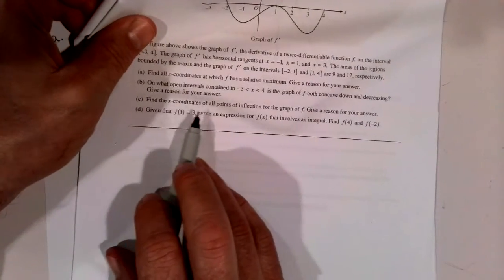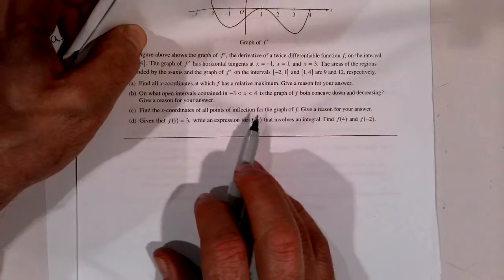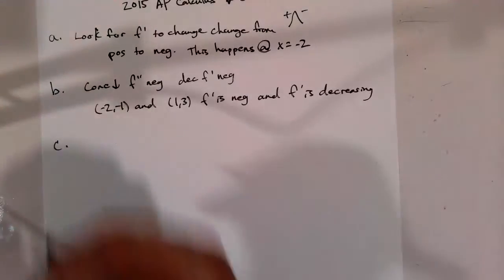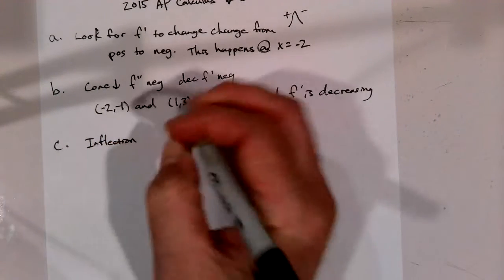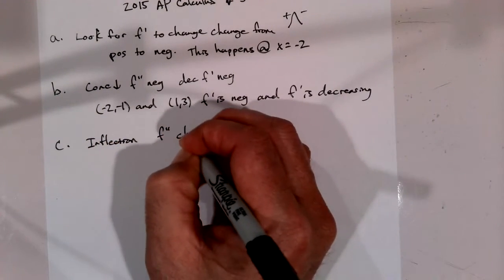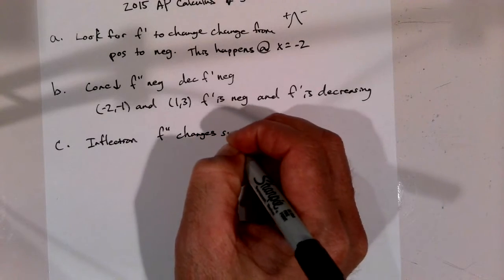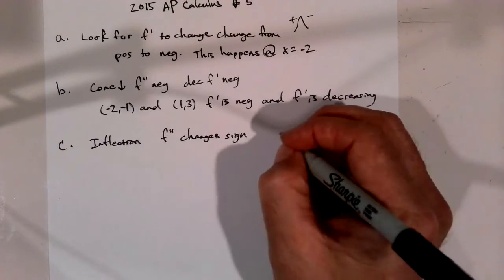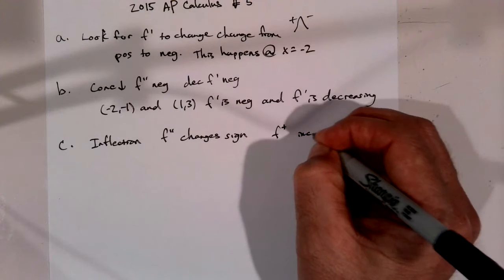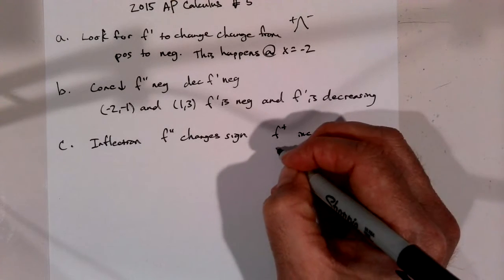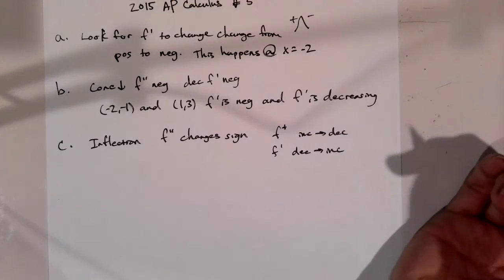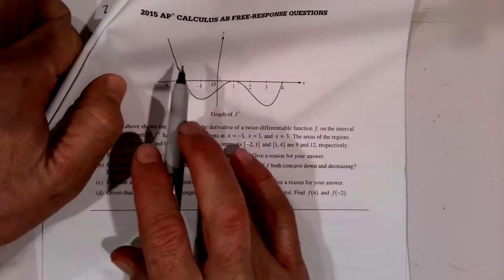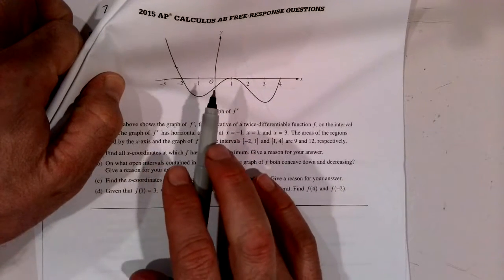Letter C, find x coordinates of all points of inflection. Inflection happens, look for where f double prime changes sign. Well, that's where f prime goes from increasing to decreasing, or f prime goes from decreasing to increasing. So let's look at f prime. It changes from decreasing to increasing.